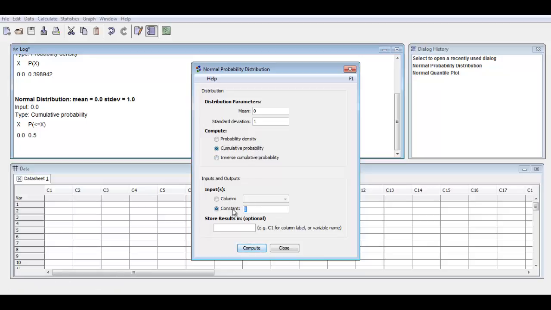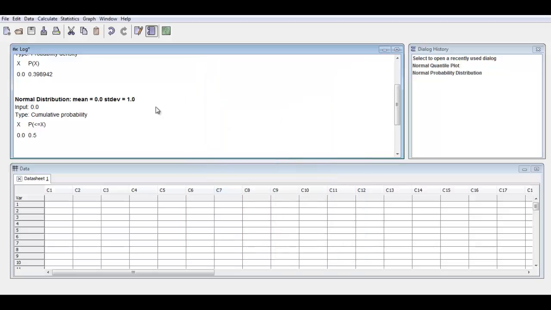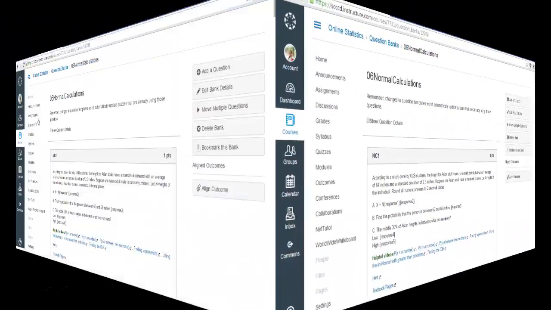If I input 0 and click Compute, it's going to give me the normal distribution with the mean of 0, standard deviation of 1. The probability that x is less than or equal to 0 is 0.5. Now that totally makes sense if we look at the standard normal distribution.